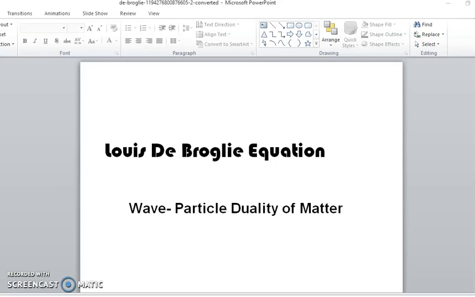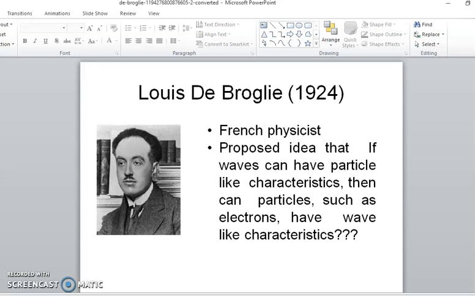That is the idea proposed by Louis de Broglie. You may wonder how a moving car has a wave-like nature. We'll come to that point as the discussion progresses, and you will get a much better idea. So we'll discuss the de Broglie hypothesis.